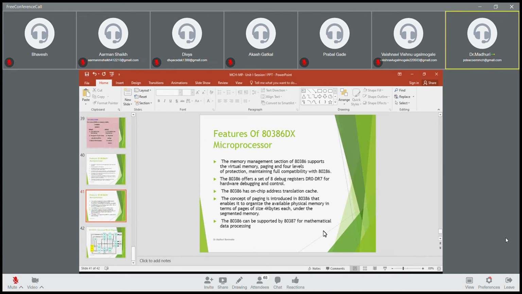The segment is a continuous address space where the segment size may range up to 2 raised to 32 bytes, that is 4 gigabytes, because the total memory is 4 gigabytes.